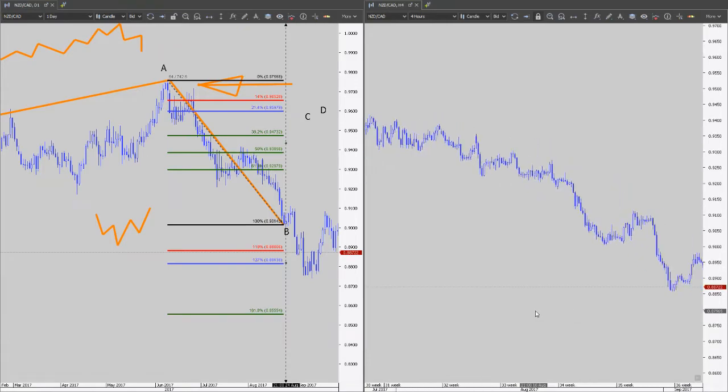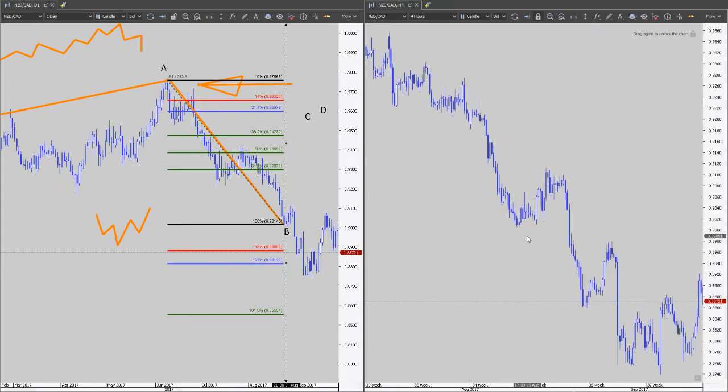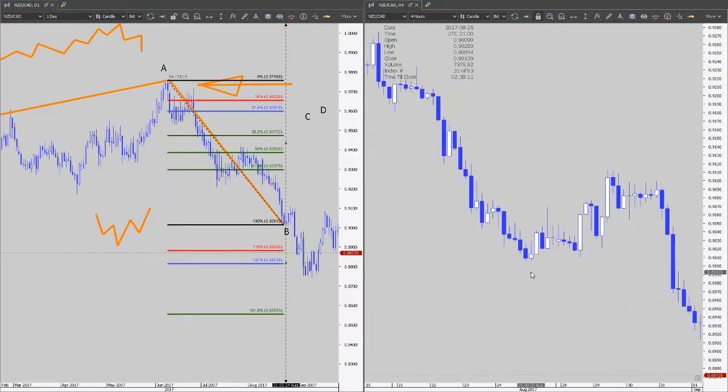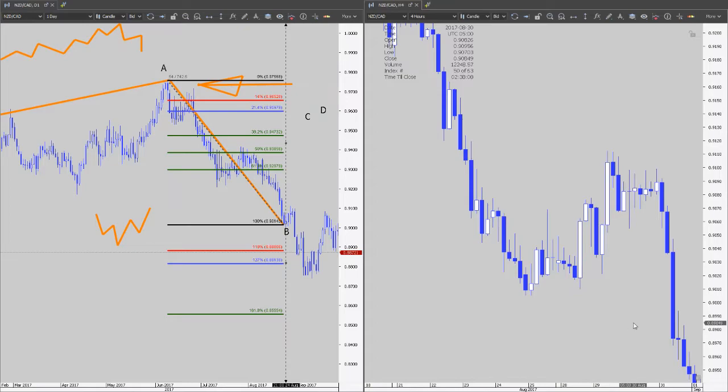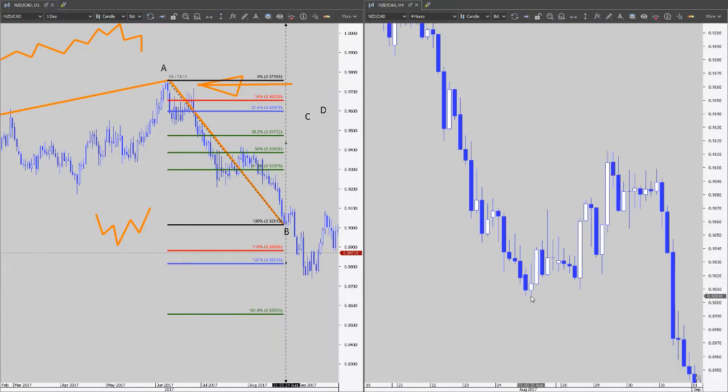August 24th. So we are here on the 1 hour chart. August 24th, there you go. Okay, so this is the lowest low, right? This is the high.